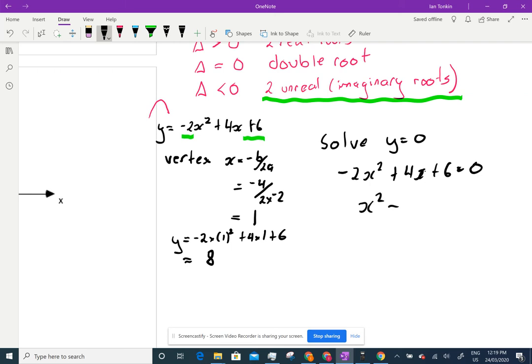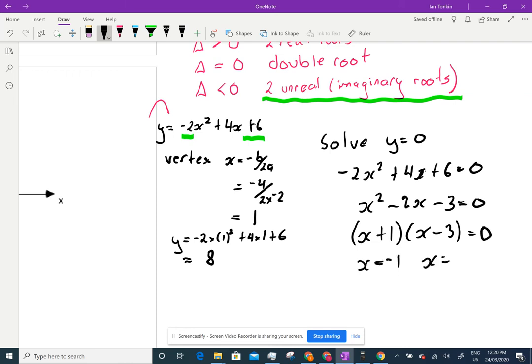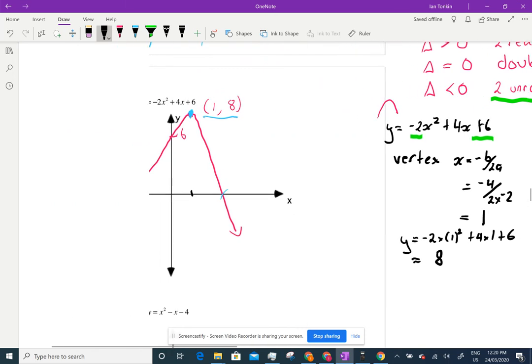X squared minus 2x minus 3 equals 0. I need two numbers that multiply out to negative 3 and add up to negative 2. Well, that's x plus 1, x minus 3, which means the roots are x equals negative 1 or x equals 3. And that's why the 5.3 kids have an advantage.